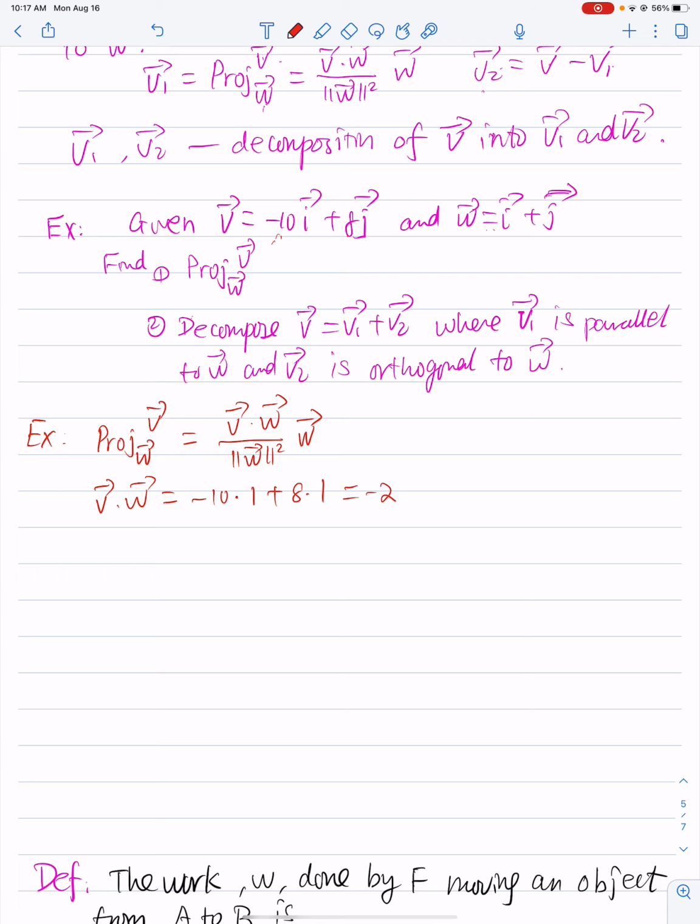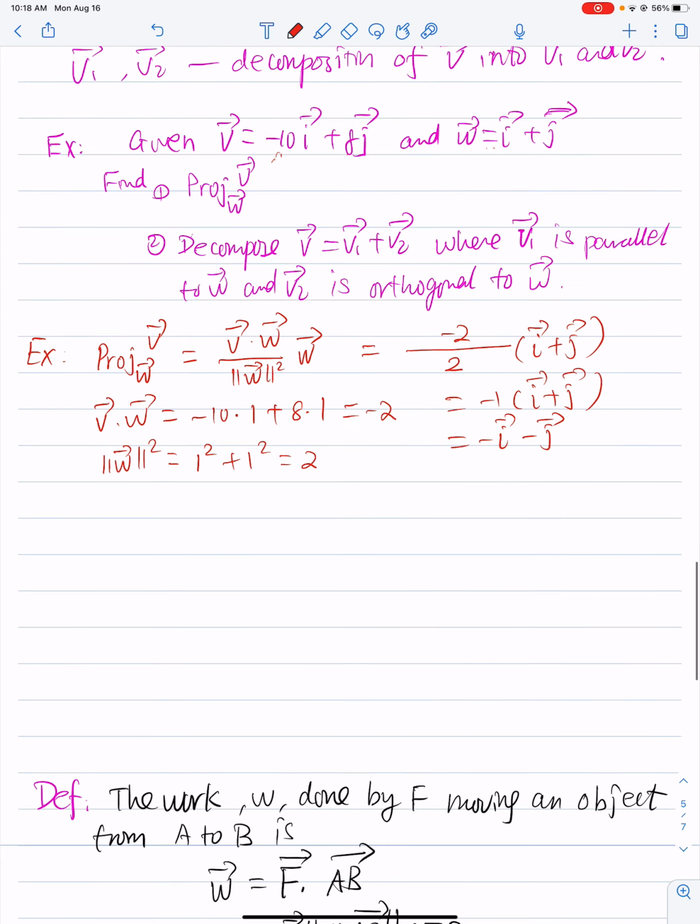What do you have? Negative 2. What will be the magnitude of w squared? 1 squared plus 1 squared is 2. So we have negative 2 over 2 times w. w is i plus j, so we have negative 1 times i plus j, so negative i minus j. So this is the first part.